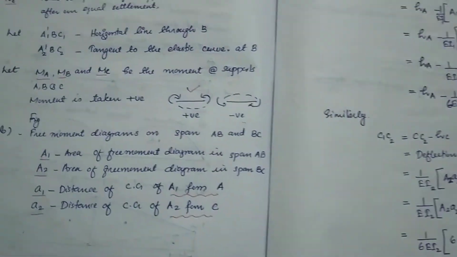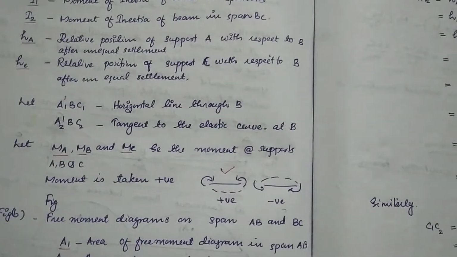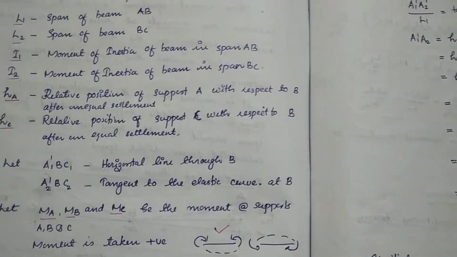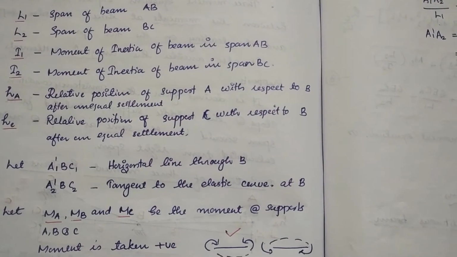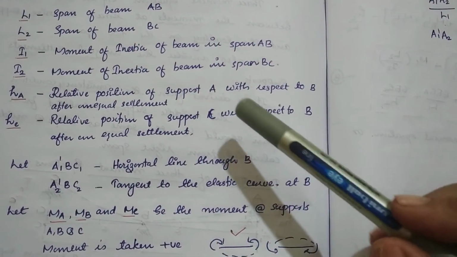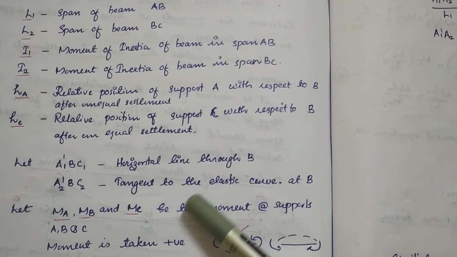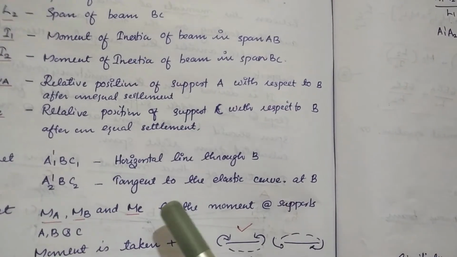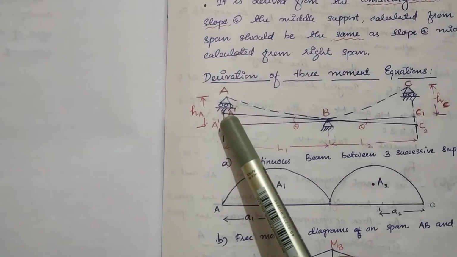For the calculation we have to identify some terms. First, the span of the beam AB is L1 and the span BC is L2. I1 and I2 are the moments of inertia, and HA and HC are the settlements. A', B, C' and A2', B, C2' are lines drawn in this figure.